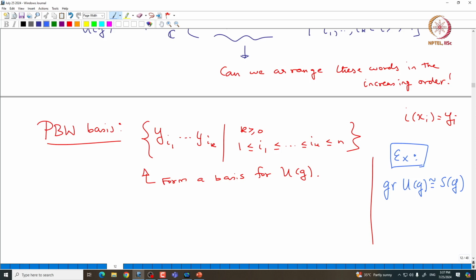So, there is this natural way of identifying the basis of UG with the basis of the graded algebra associated with UG. That is why you are getting a somewhat look-alike basis in UG. That is what the PBW theorem says.